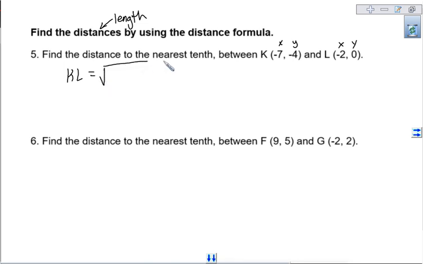We take our square root of our X's. So -2 minus -7 squared, plus our difference of our y's, 0 minus -4 squared. And go ahead and type that in your calculator.